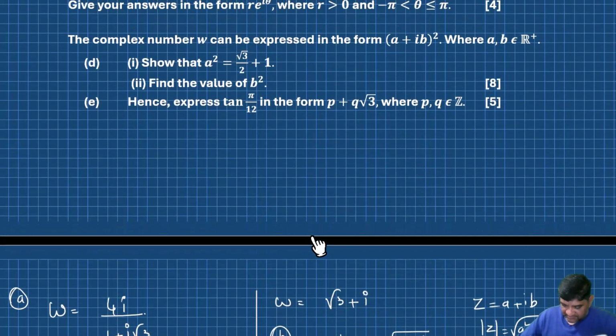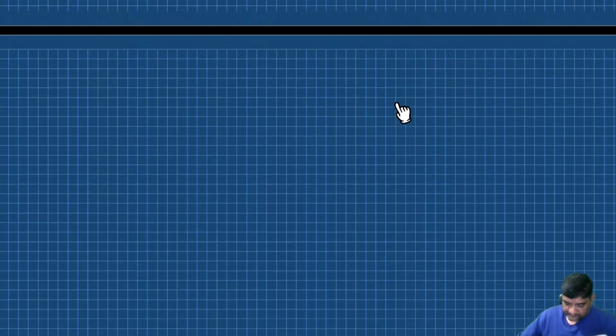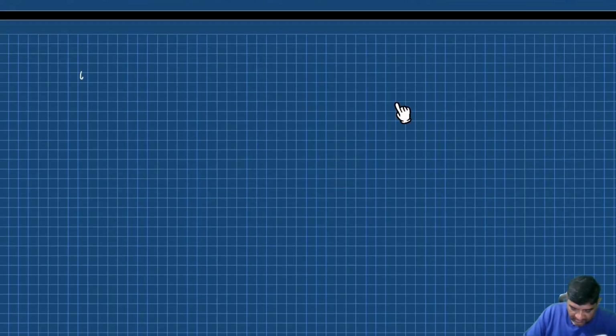Let's get part D. Alright, the complex number w can be expressed in the form (a + ib) whole squared. So w is root 3 plus i, and then he says w can be expressed as (a + ib) the whole square. Right, that's what it means.